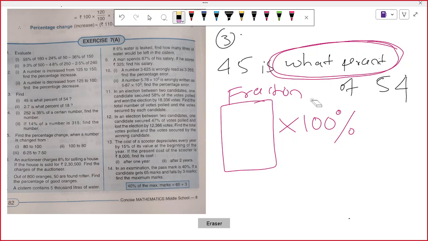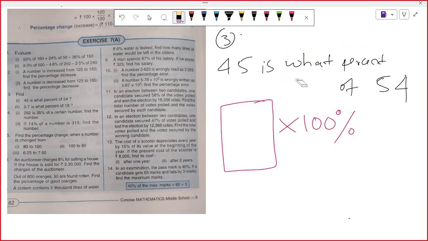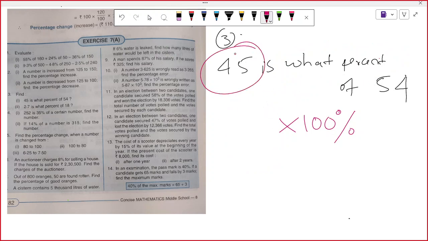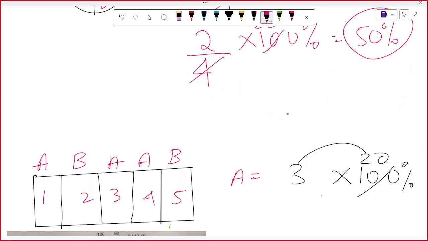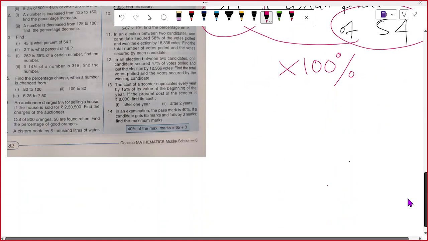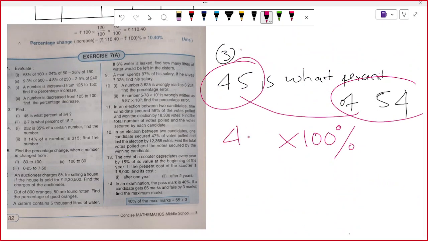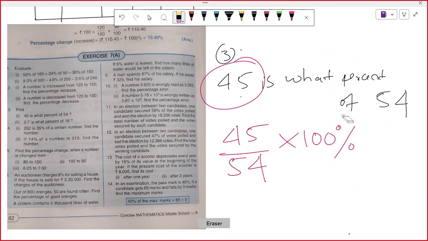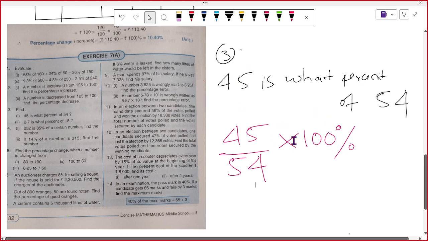So fraction multiplied by 100% will give you the percentage. First find the fraction. 45 is lesser than 54. So what's the fraction of 45 and 54? 45 divided by 54. This is our fraction value. Multiply by 100%.